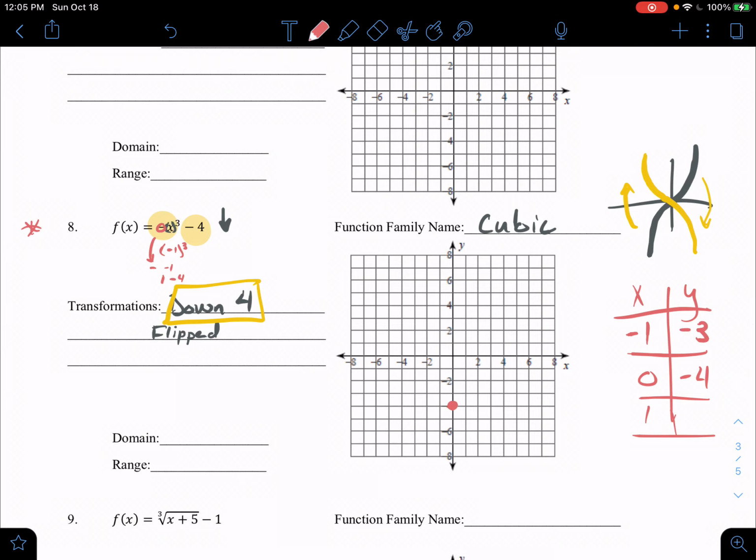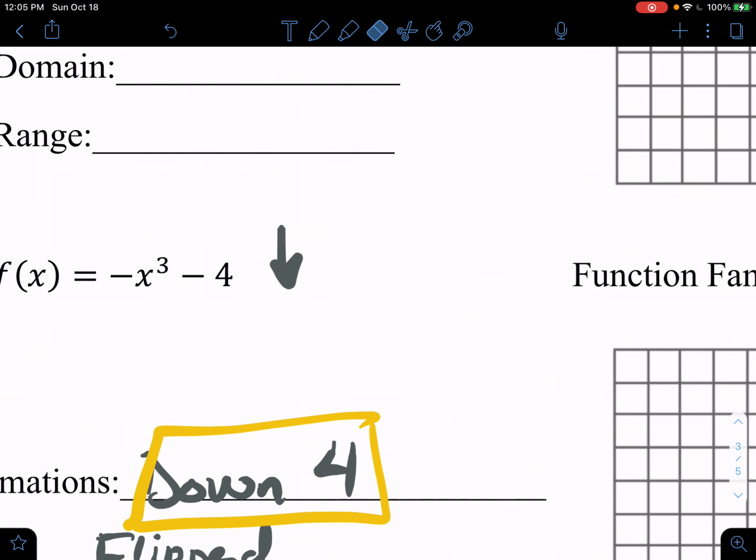Looking at the other side, if I plug in a +1, we go back through and do all this work again. Again, it's important to throw parentheses there, otherwise you can do this in the wrong order. 1 to the third is just 1. Then the negative slides in. 1 take away 4 gives us -5 total.